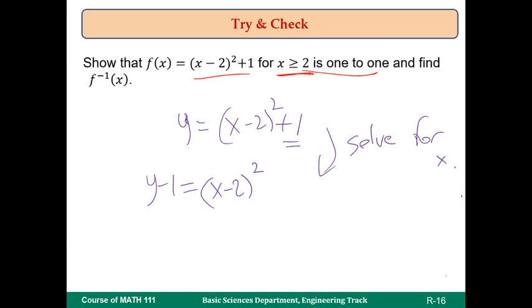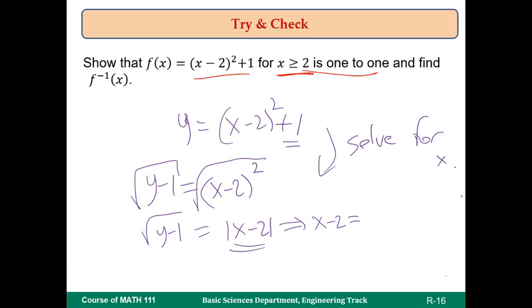I want to show you the thing here. Take the square root, you have absolute value of x minus 2. This is the proper way of doing this. I don't want to say it's just plus minus, but this plus minus comes from the absolute value.